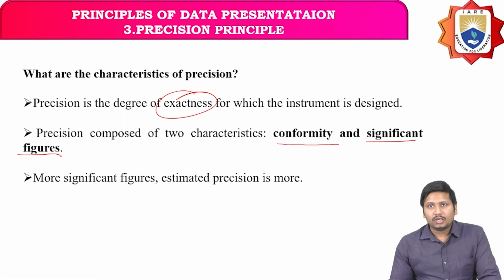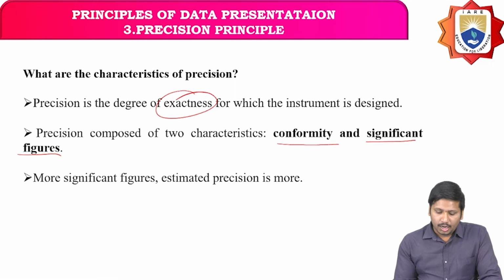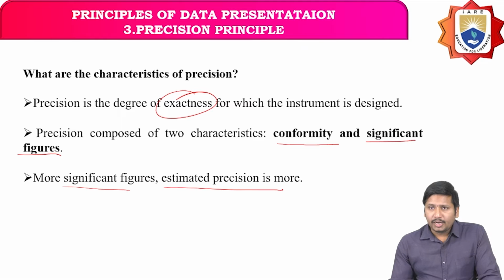These are the two characteristics we have to maintain for precision. The more significant figures there are, the more the estimated precision is.